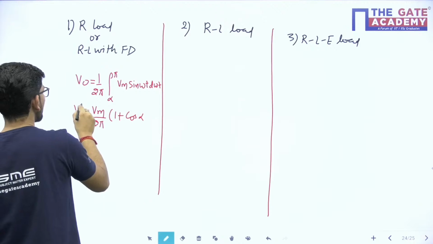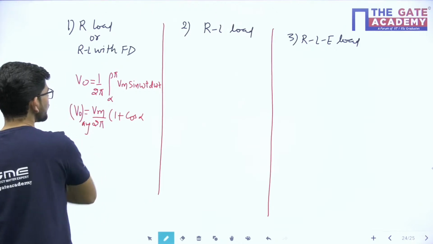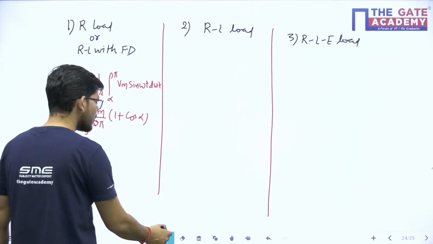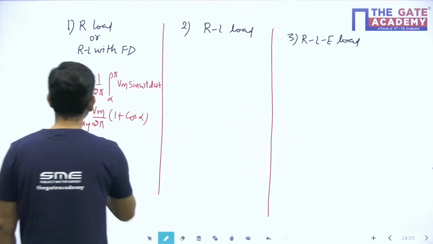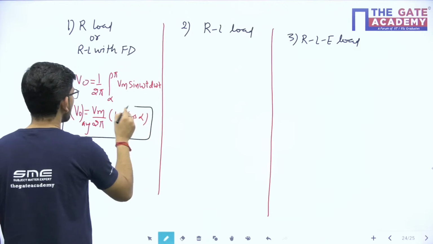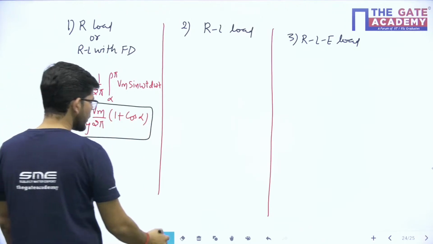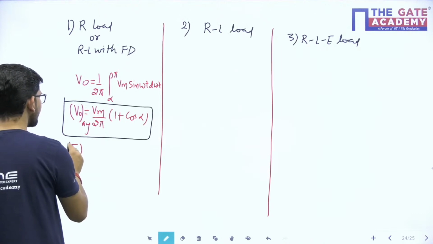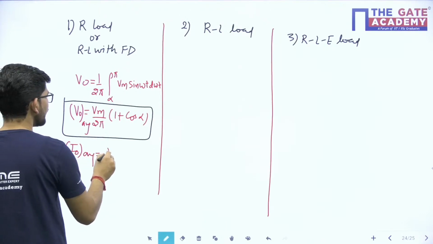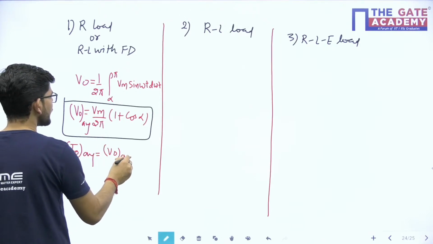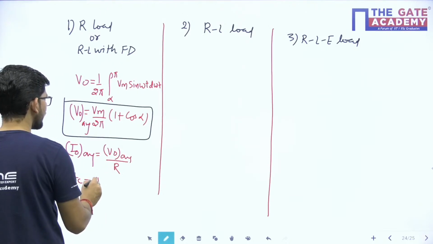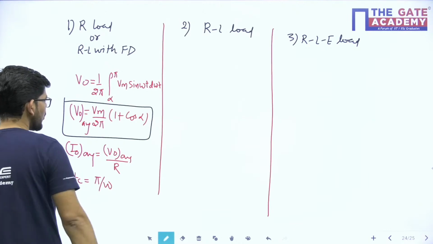So this is the formula of average output voltage in case of R load or in case of RL load with freewheeling diode. Average output current I naught average will be V naught average by R, and circuit turn off time will be equal to pi by omega.